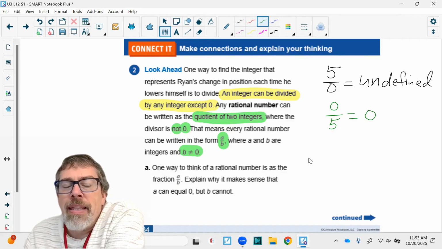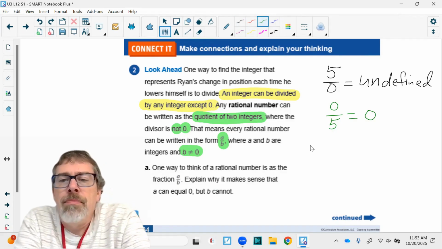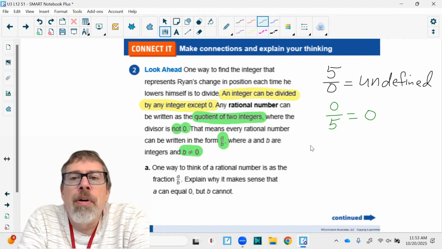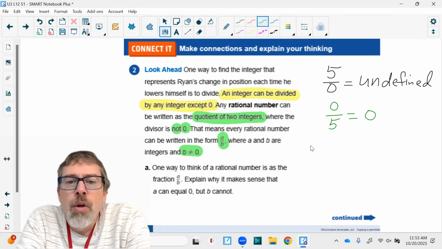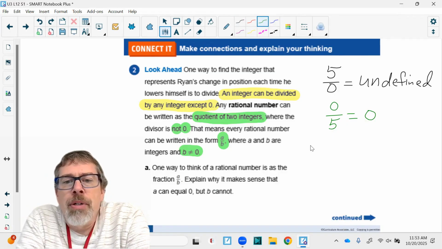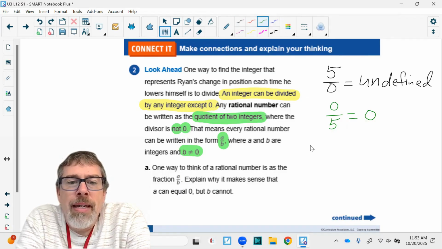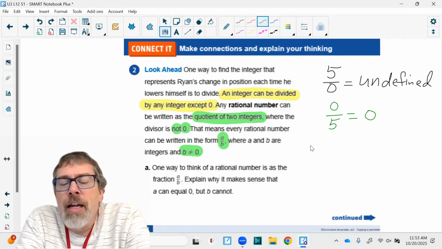Everybody's going to get nothing. 0 divided by 5 is 0, but 5 divided by 0 can't be done. One way to think of a rational number is as the fraction a over b. Then it says to explain why it makes sense that a can equal 0, but b cannot. And I've already done that.